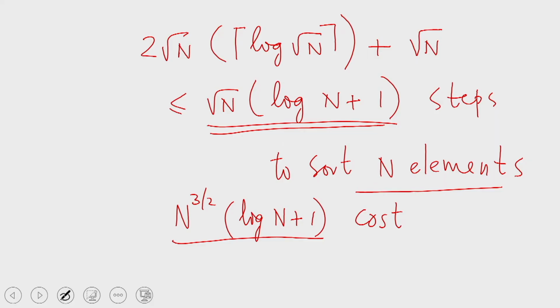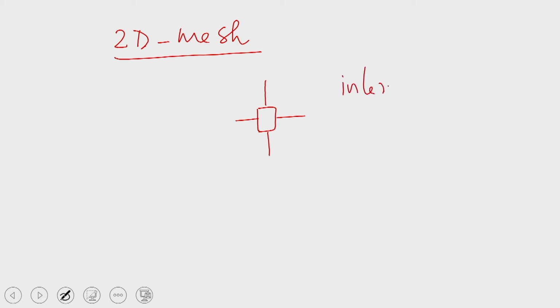But then the model that we use is the 2-dimensional mesh. In this mesh, each processor has at most 4 neighbors. This is the case with an interior processor.